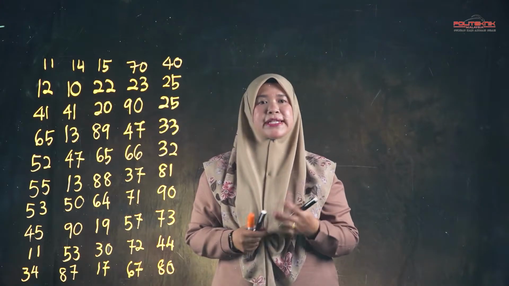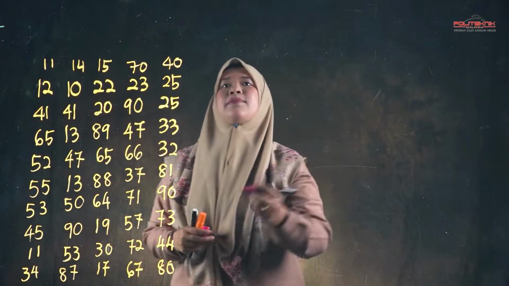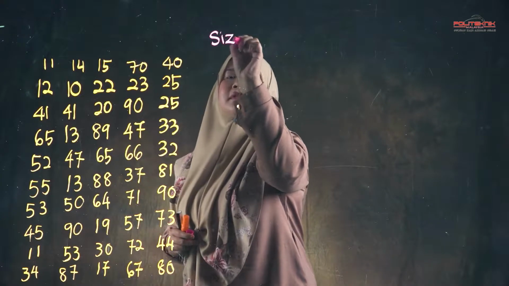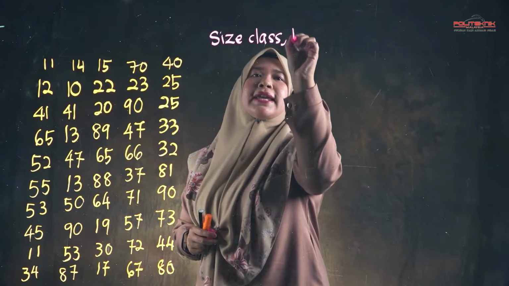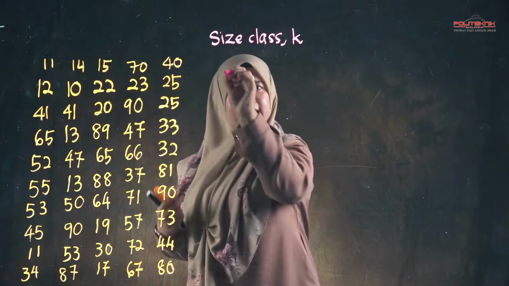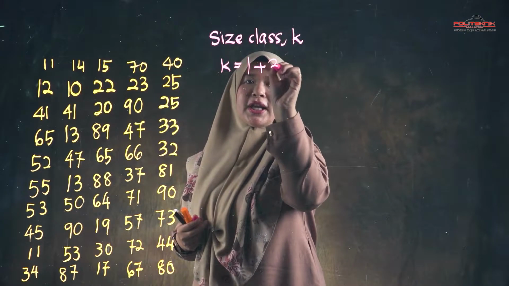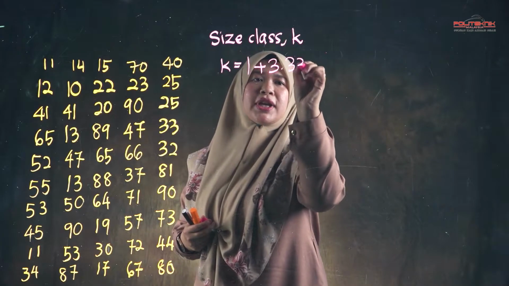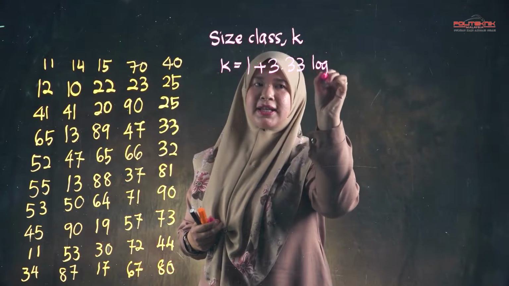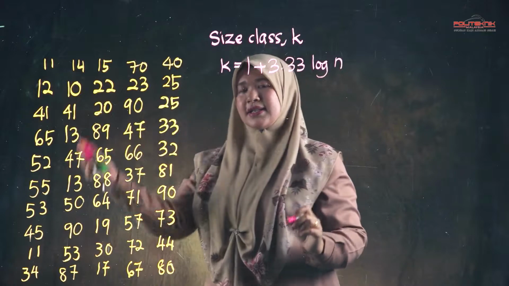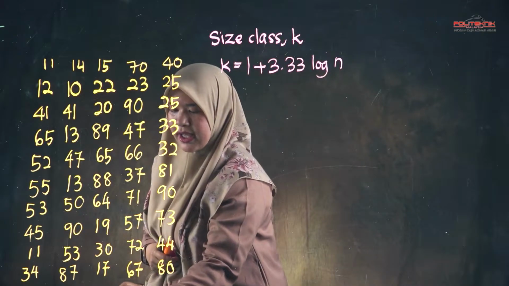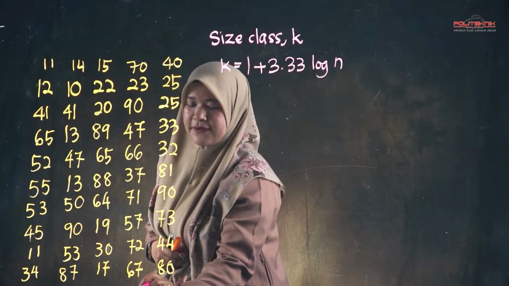construct the frequency distribution table, what we need is the size class. Let me write it down here. It is denoted by K, which is given by 1 plus 3.33 log N, where N is the total number of data, N is equal to 50.